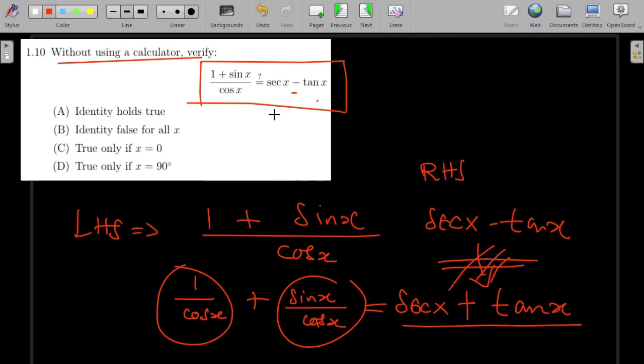So we're going to say this identity is actually false. Now we have to analyze to find the perfect answer. A says the identity holds true. This is definitely false. It can't be the answer because we see they are not equal.